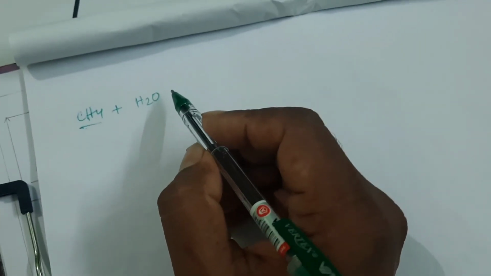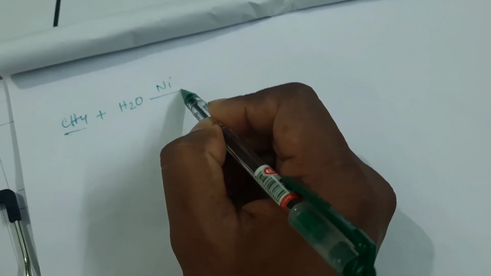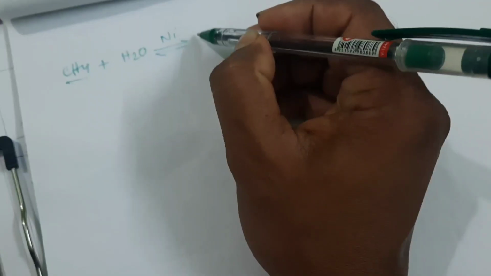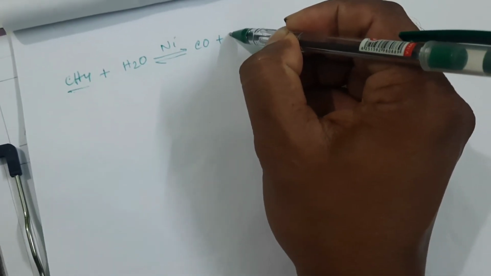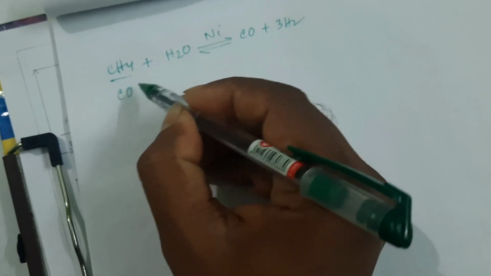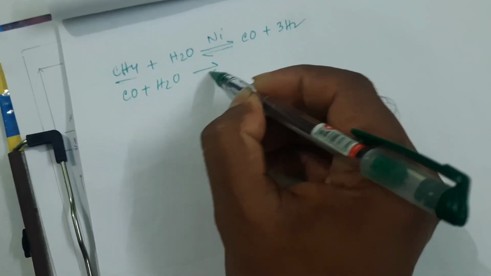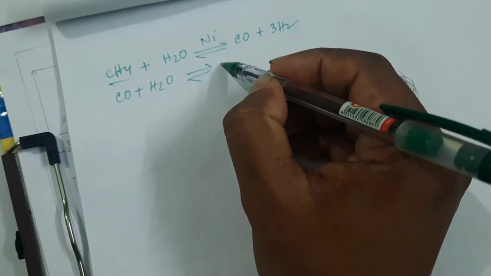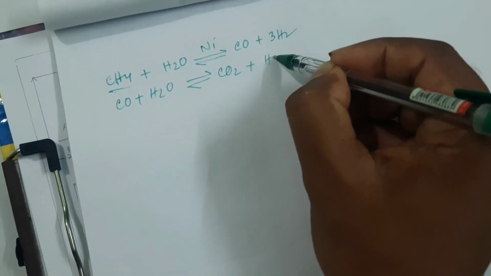Then, in the presence of nickel catalyst, this reaction will happen. We will get carbon monoxide plus hydrogen. Carbon monoxide reacts with steam. So what will it create? It will create carbon dioxide plus hydrogen.